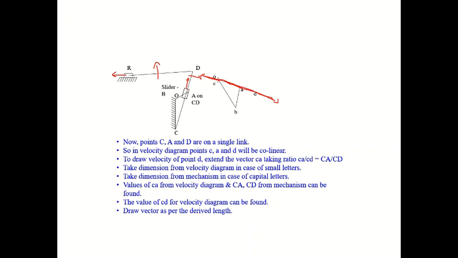So for slider B, we have point B here, so we have to draw a line for the slider. The slider is moving on the line CD, so draw a line parallel to CD. It meets line CD at point A, because the slider is at point A.